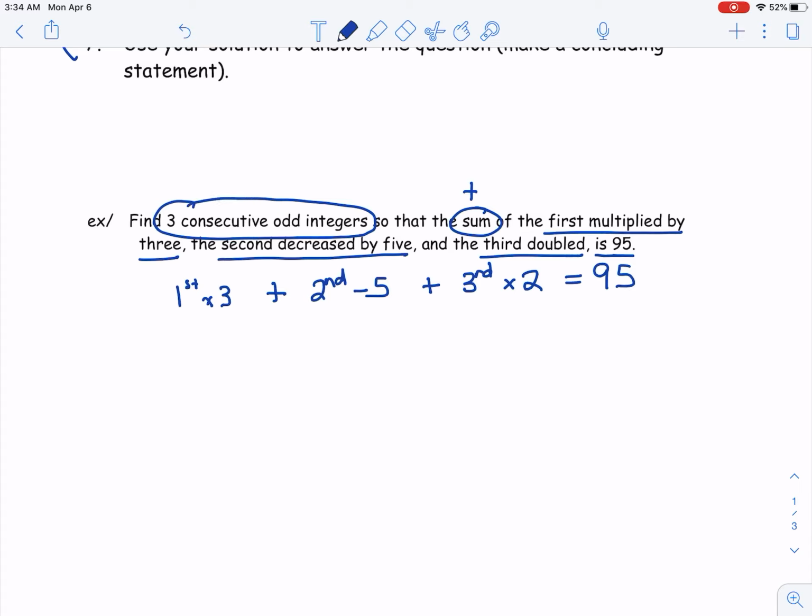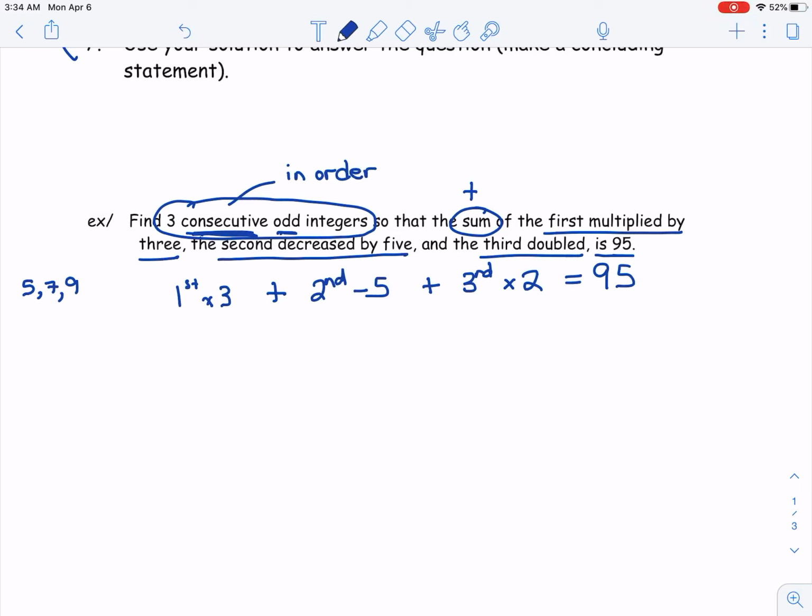So for example, now they have to be odd, so if the first odd integer was, say, 5, then the second odd integer would have to be 7, and then the third would have to be 9 because they are consecutive. And the word consecutive means in order or in a row.